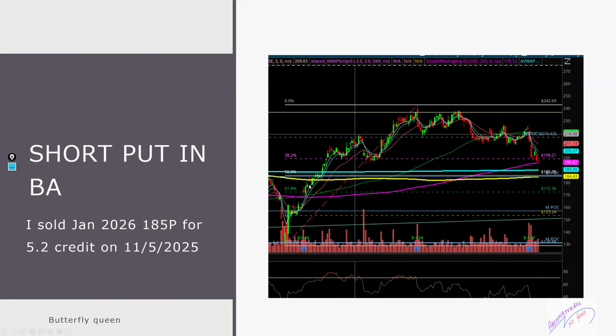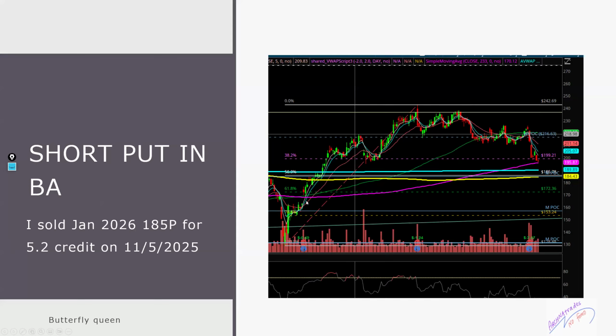It is almost where it was before Liberation Day, May 2025. Are you willing to buy Boeing at a price where it was in May 2025? If the answer is yes, and you're getting good enough credit, I sold puts. I didn't have any Boeing in my IRA.